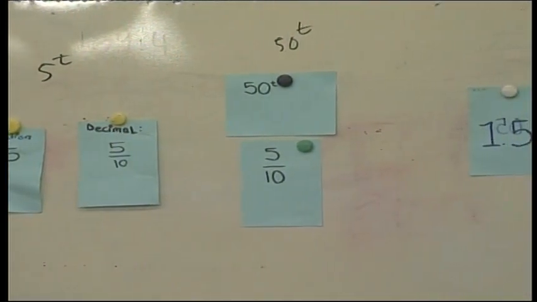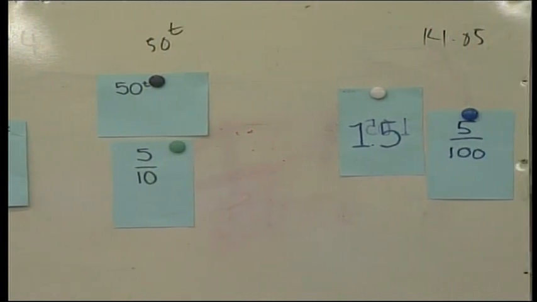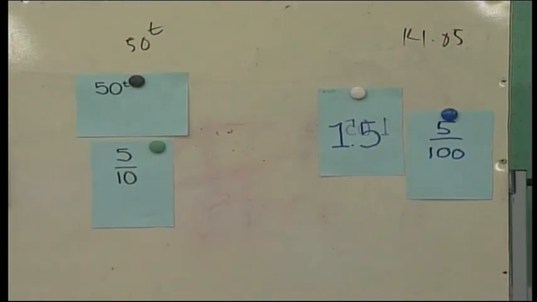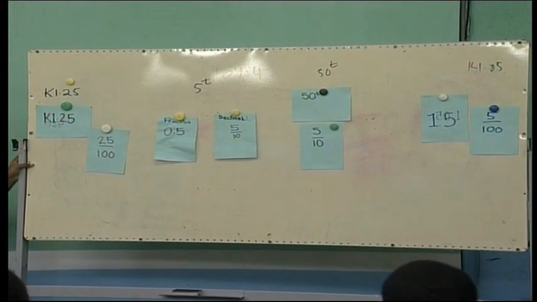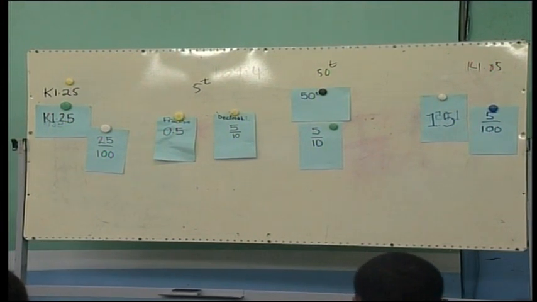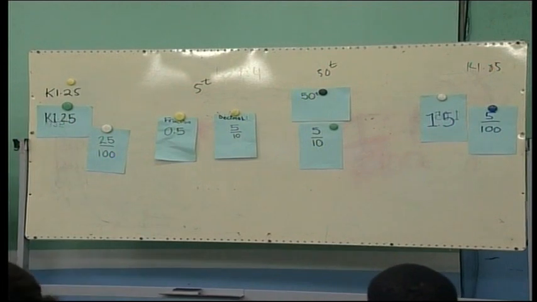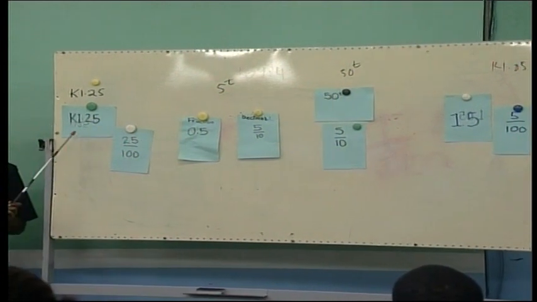Now, the other groups, I want you to identify, look at their work. They were supposed to write the amount in decimal, and then write it in fraction. Okay, let's see, group 1. Let's see if there's any mistake here.